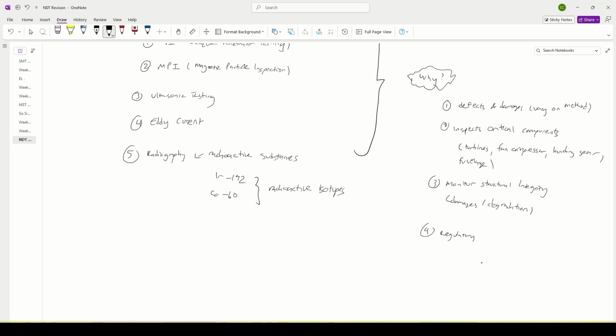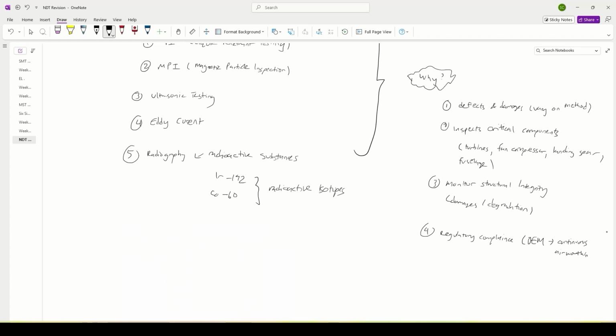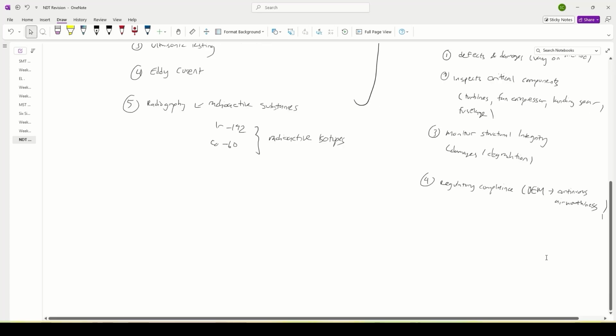regulatory compliance. So it has to comply with Boeing, which is the original equipment manufacturer, to ensure continuous airworthiness. Airworthiness, seaworthiness, landworthiness refers to the ability for a plane to safely transport passengers from A to B. It's worthy to be in the air.